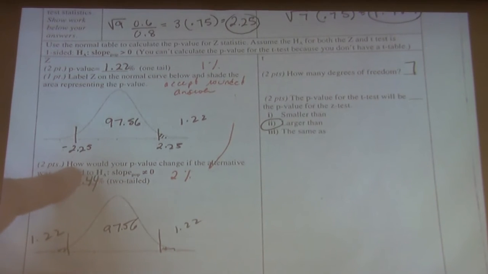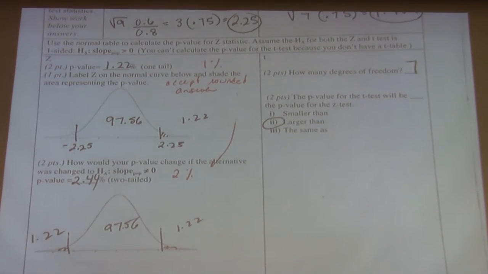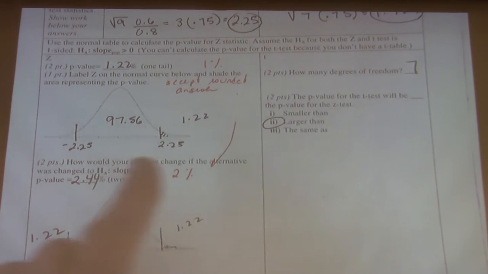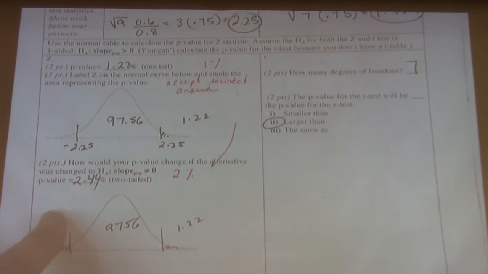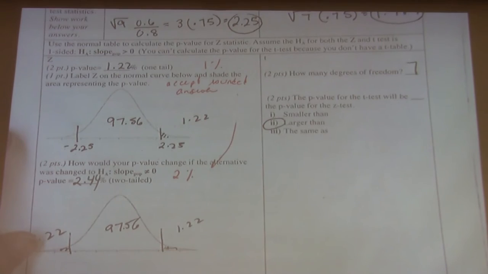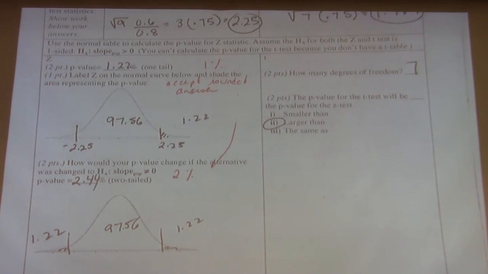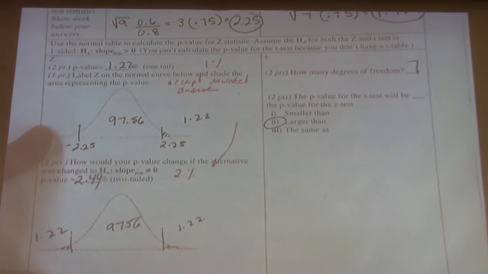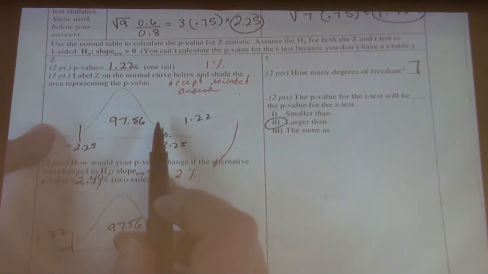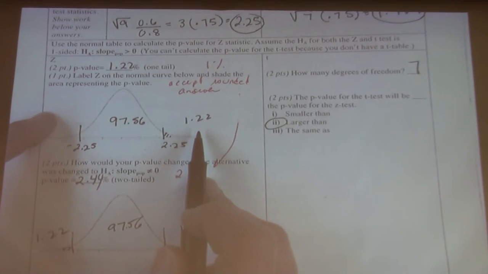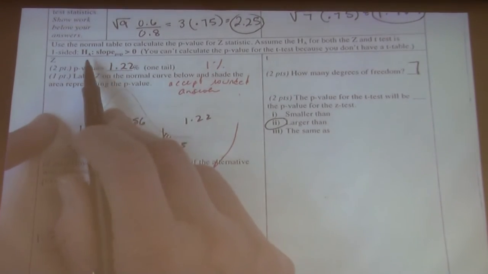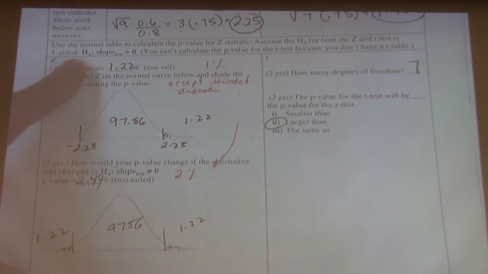Okay, a lot of people are a little bit confused about this difference between a one-sided test and a two-sided test. Since we're going to be looking at that more, and especially today, let's make sure everybody understands this. So here, if the alternative is one-sided, the null is that the slope in the population is 0, and our alternative is we think that it's greater than 0.